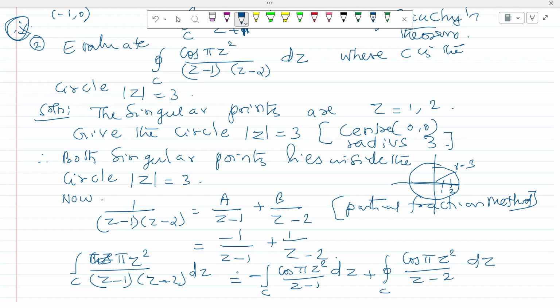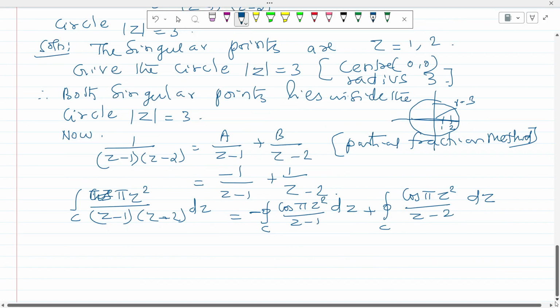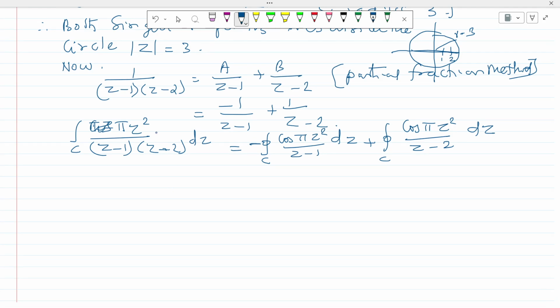It is closed curve C. That means if the function has two singular points, you have to separate it using the partial fraction method.